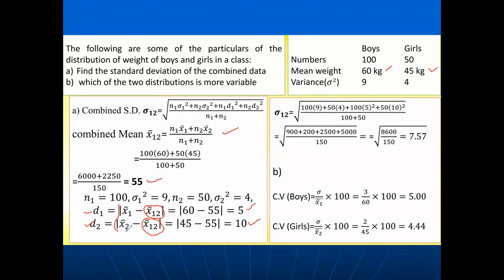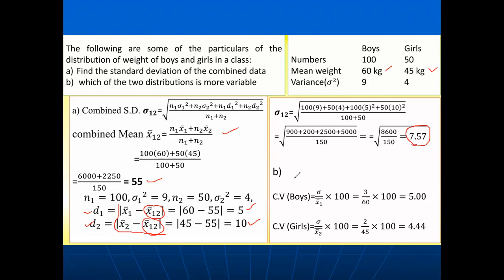Mod is nothing but converting a negative value to a positive value by putting these parallel lines. So that comes to 10 here, because you cannot calculate a standard deviation for a negative number. You have to keep it as a positive number, so you have to use a mod. So we are getting D1 as 5 and D2 as 10. Putting these values in, I'm getting a final value of 7.57.